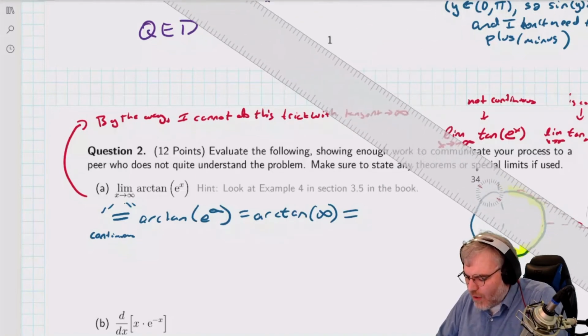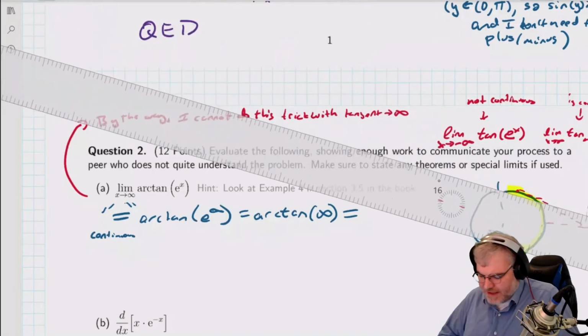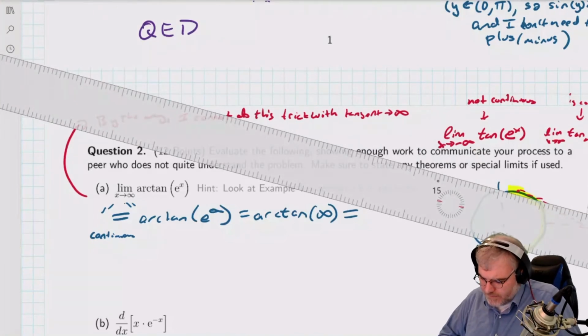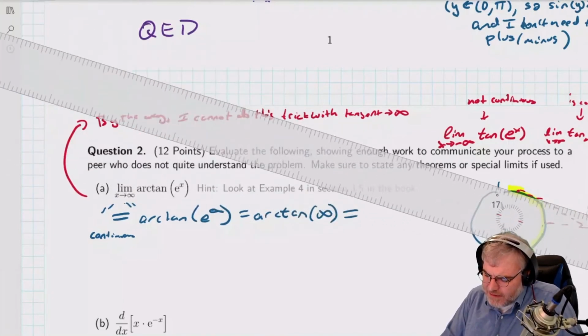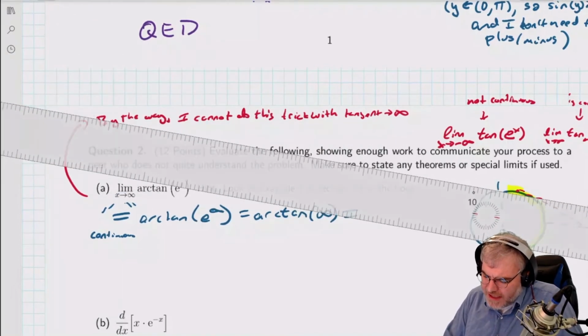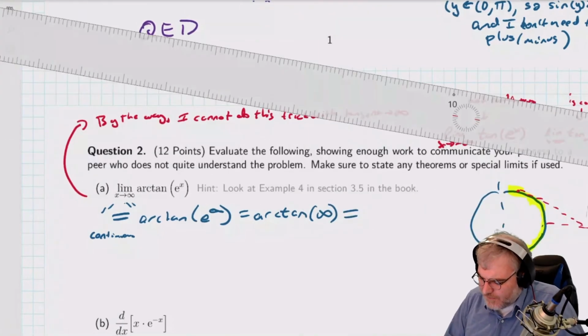So as I go off to positive infinity, right? As I go off to positive infinity, arctan, the thing that makes tan go off to positive infinity, is positive pi over 2. And I can think of it like this.